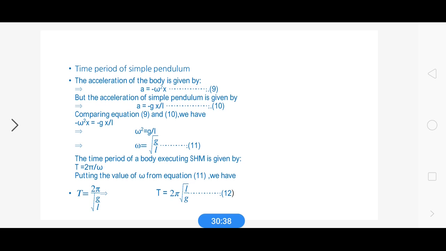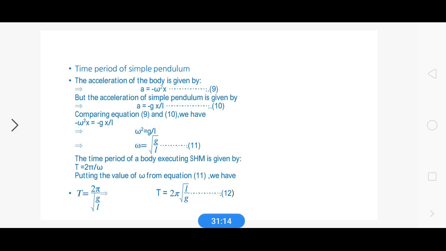That is T is equal to 2 pi by omega, where omega is under root of g by L. So T is equal to 2 pi under root of L by g.